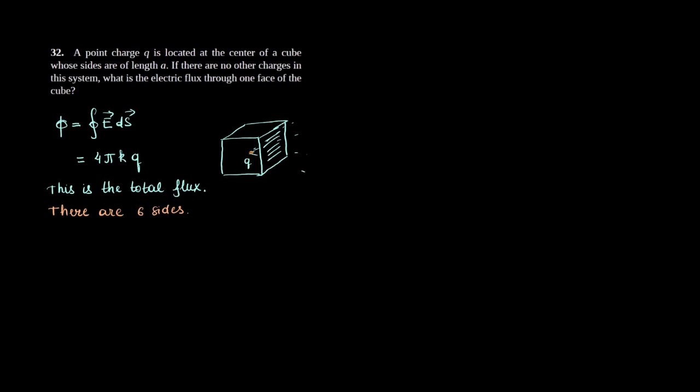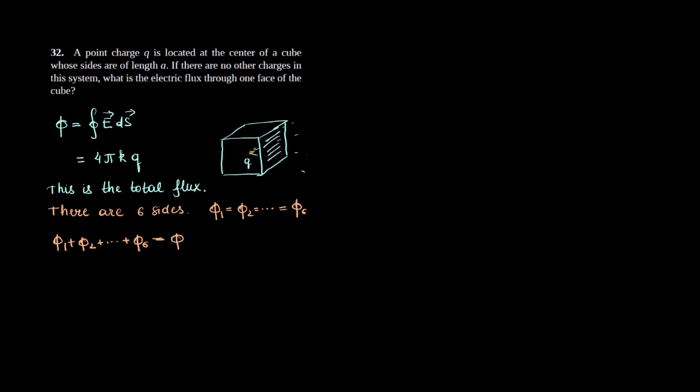So phi 1 is equal to phi 2 is equal to so on, and they are all equal, phi 6. Then adding them together will give us the total flux.